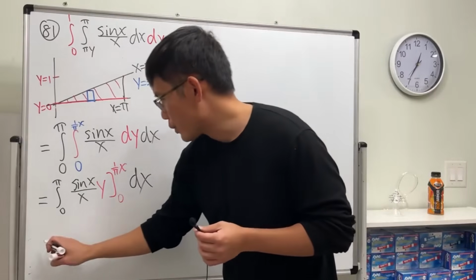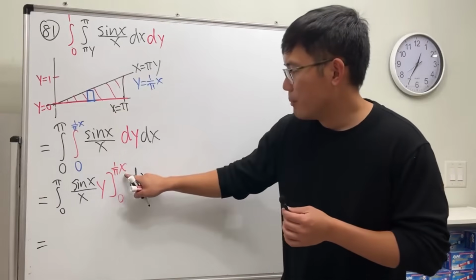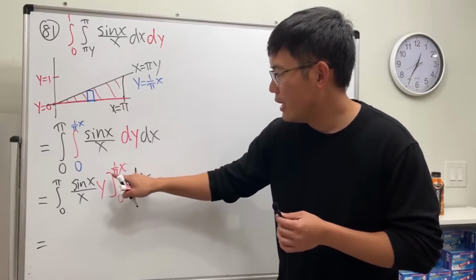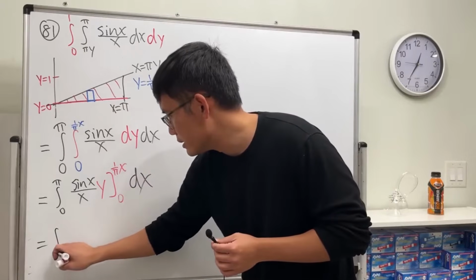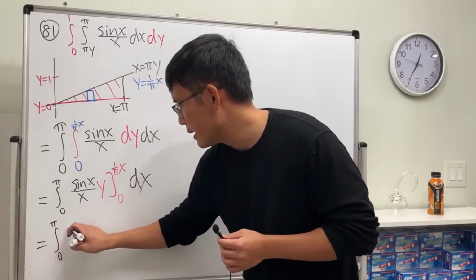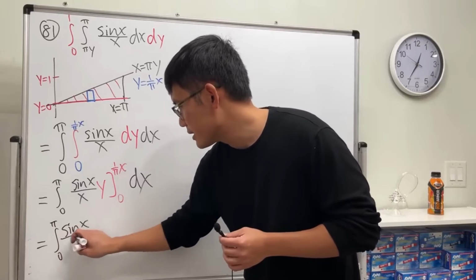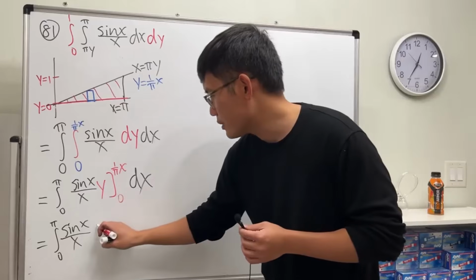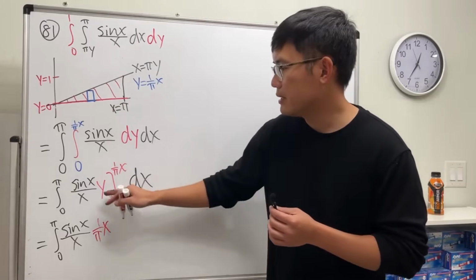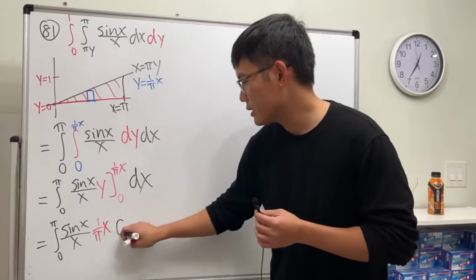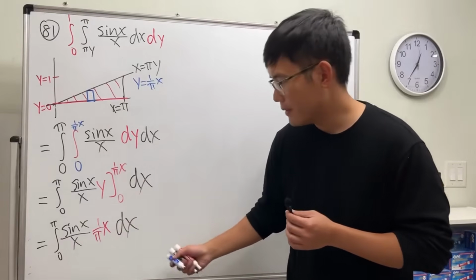So let's go ahead and do it real quick. Put this in here, we have x over pi. So let me write it down for you guys. This is integral going from 0 to pi, sine x over x, and then we have x over pi. Yeah, and then plugging in 0, we just get 0, so this is okay. So we have dx. Guess what?